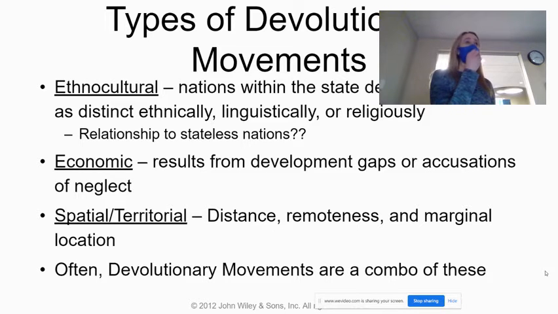Because of that, and because they have a dominant capital, there are devolutionary pressures within Catalonia to secede. And in 2017, I think that's the right year, Catalonia did vote for their own independence from Spain. What happened though? Can you remember? So it was denied. The Spanish government said, you can't do that.